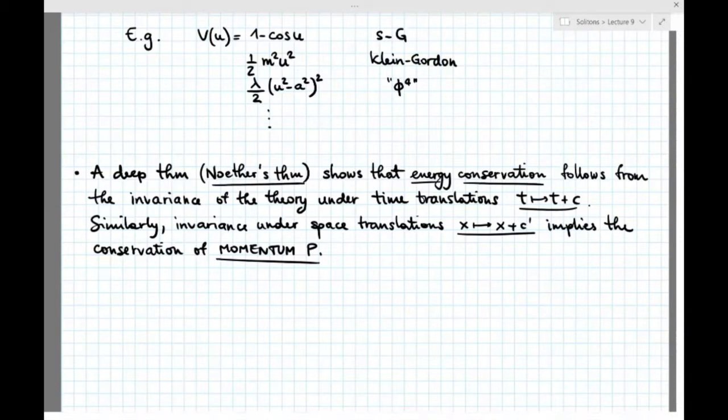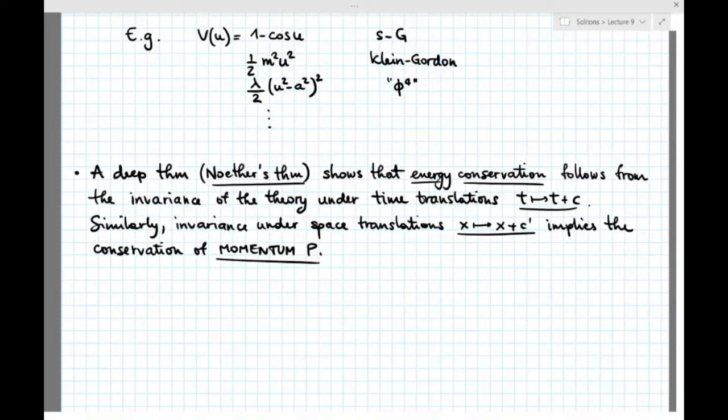But the point that I wanted to make here is that the conservation of energy and the conservation of momentum are very general. They follow from general invariance of relativistic theories under time translation and space translations. So in a sense, it's not a surprise that the energy and the momentum are conserved.